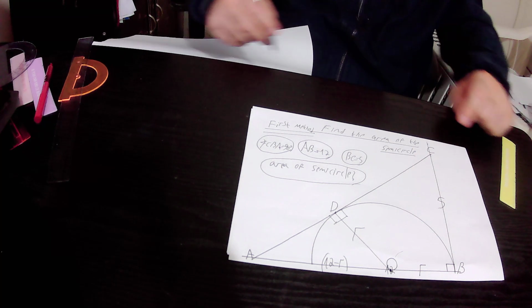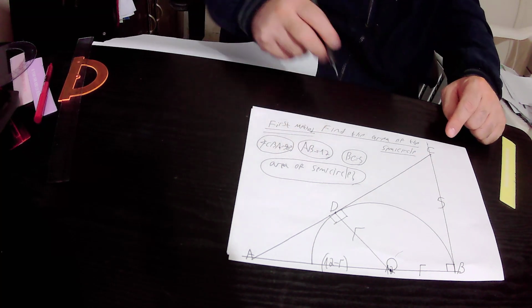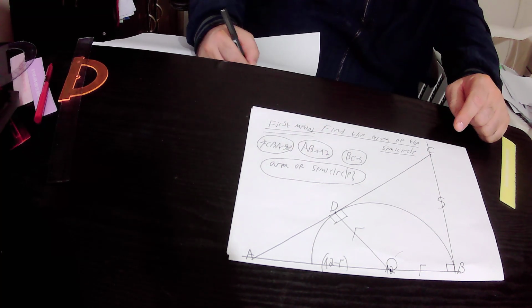So the square of the hypotenuse is AC square.